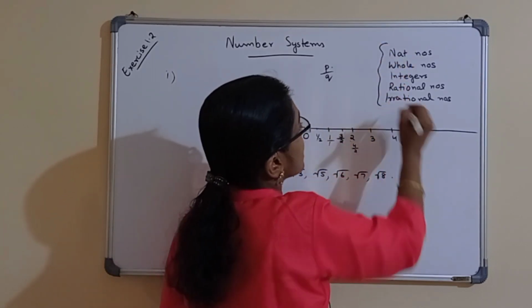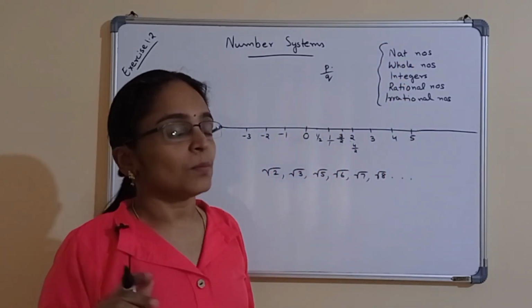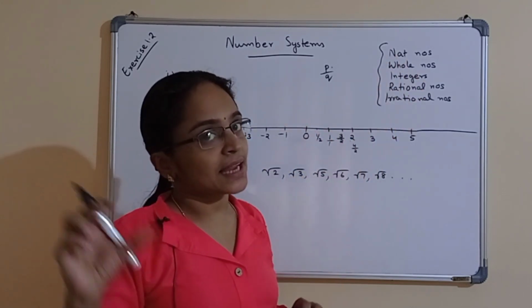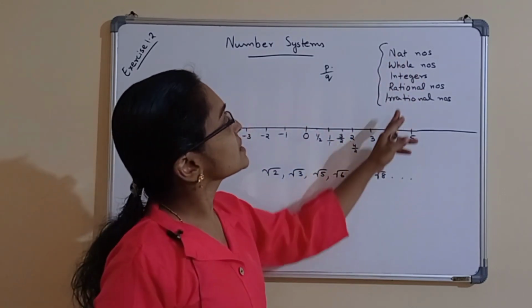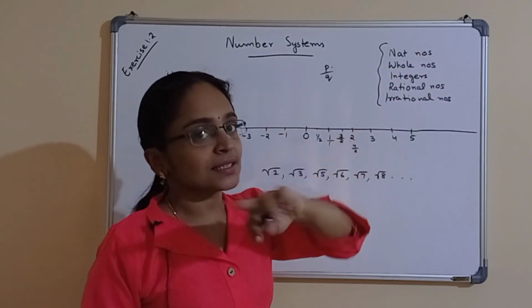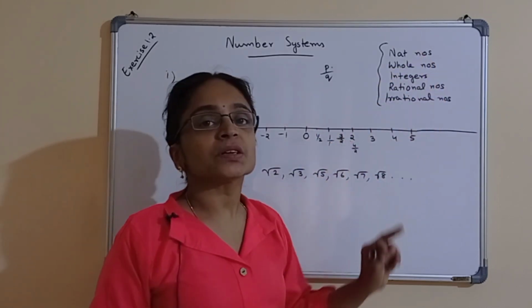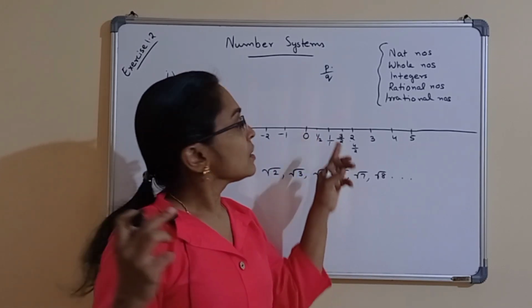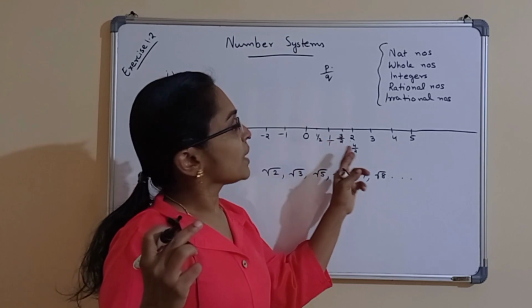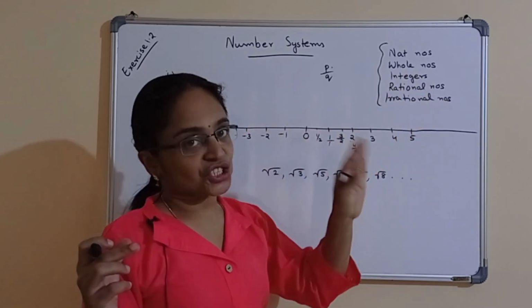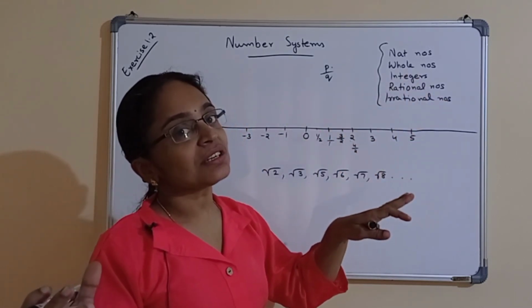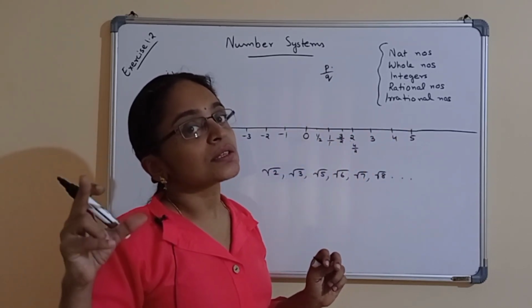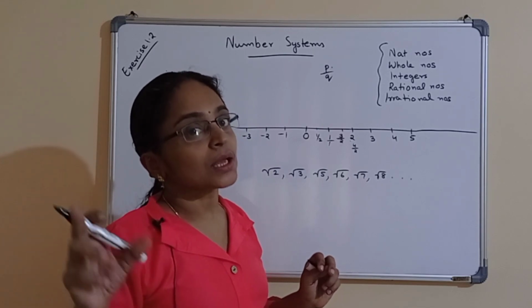So, all these are real numbers. We have natural numbers, whole numbers, integers, that is negative integers as well as positive integers. In whole numbers we have 0. Then rational numbers means 0 is also a rational number. Then we can express 1 by 2, 3 by 2, etc. So these are rational numbers, and irrational numbers are the numbers which cannot be expressed as P by Q. So root 2, root 3, root 4.